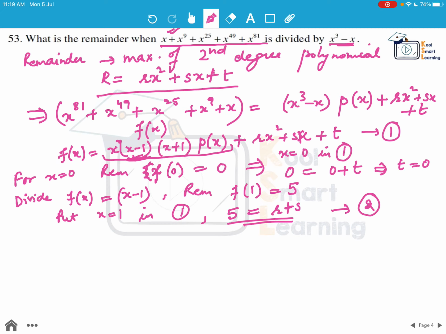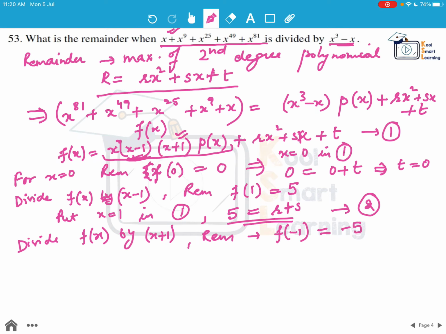Right? Now let's take the third one, which is x plus 1. So we divide fx by x plus 1. As per the remainder theorem, what should be the remainder? F of minus 1. So if we put x equal to minus 1 in fx, what do we get?